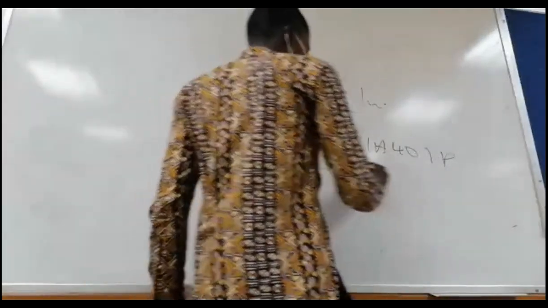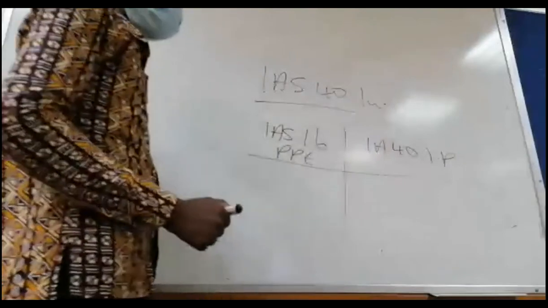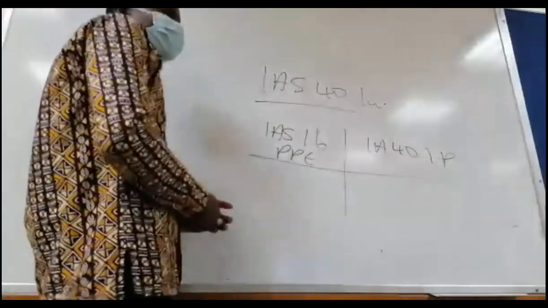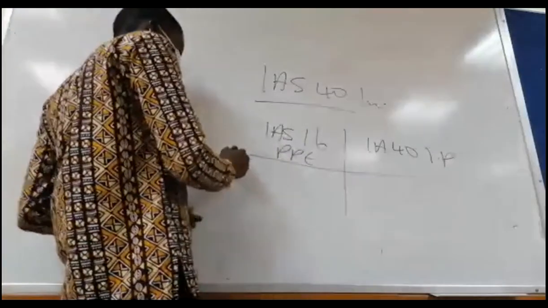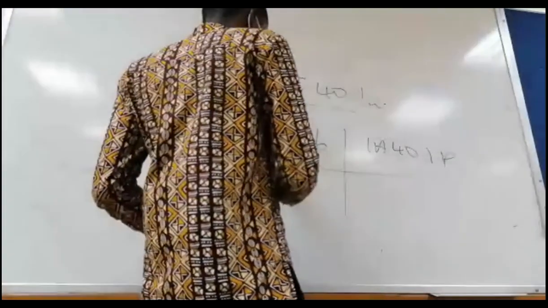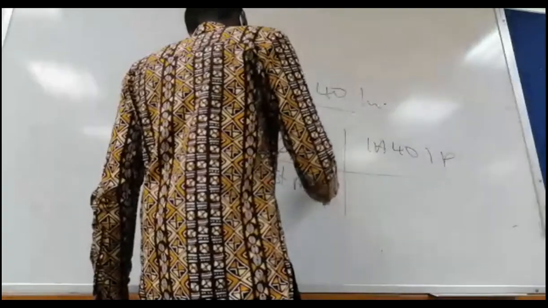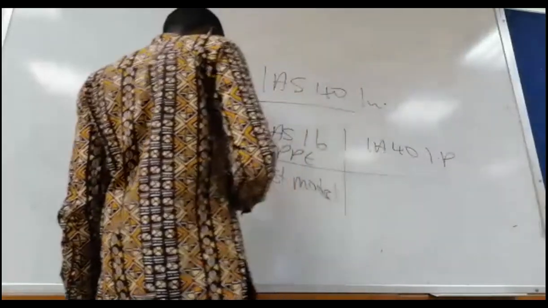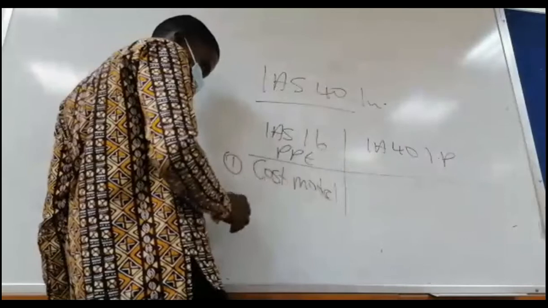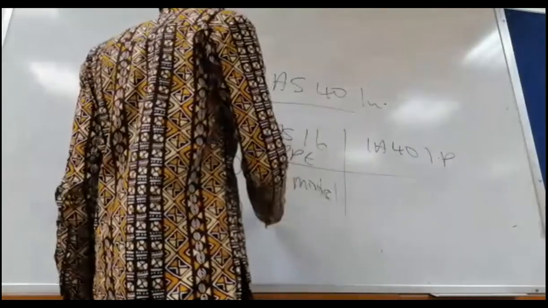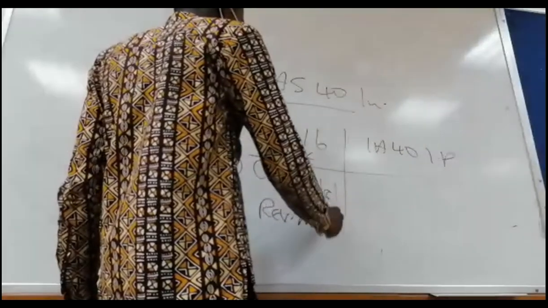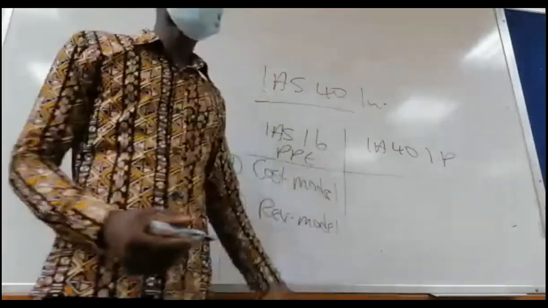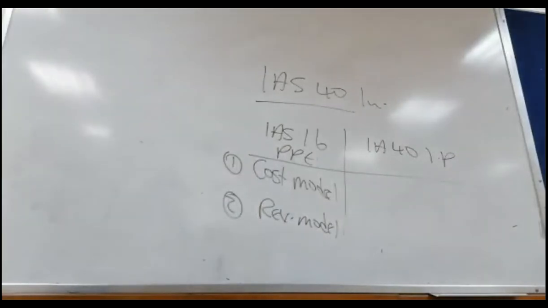What are the subsequent measurements? Under IAS 16, there are two models. Model one, we call it the cost model. Model two, we have the revaluation model. So these are the two subsequent measures of IAS 16.